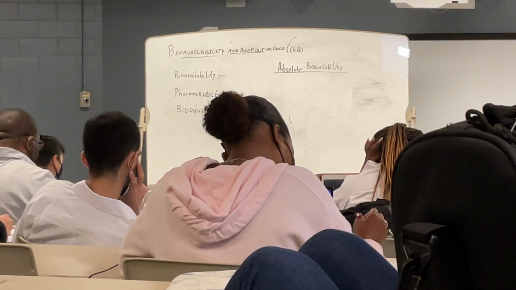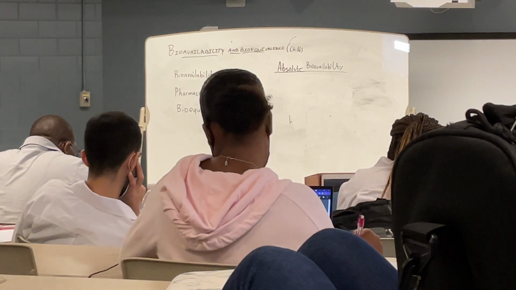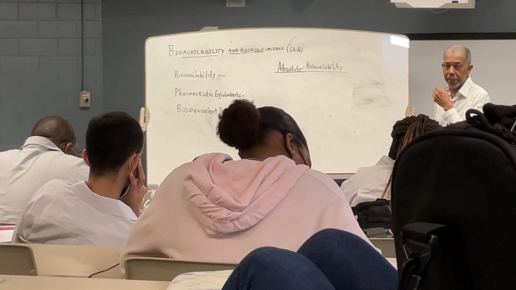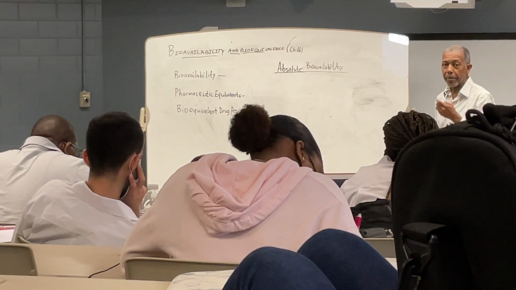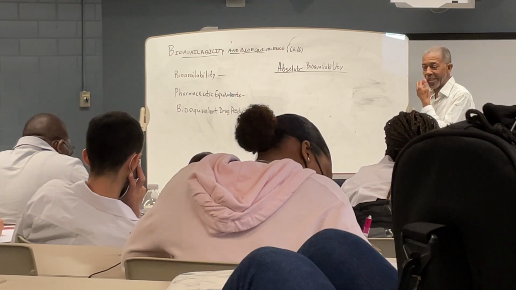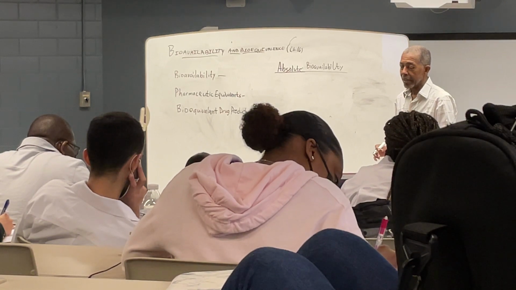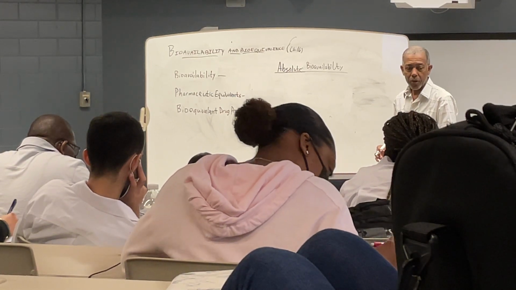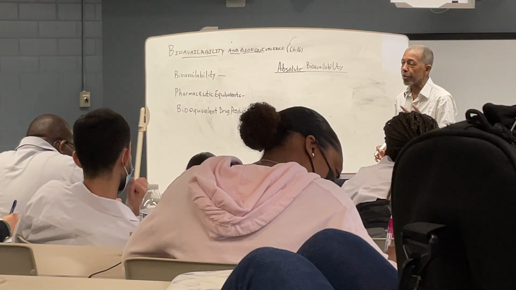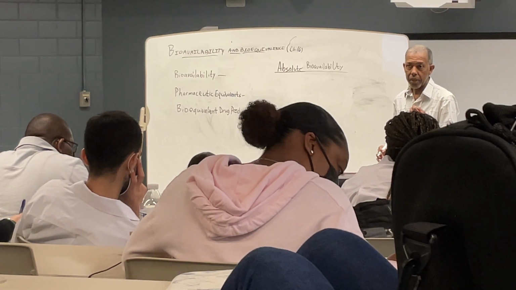So absolute bioavailability is a measurement of the availability of the drug compared to an IV dose of the drug. So absolute bioavailability is the absorption of the drug product or the availability of the drug product as compared to an IV dose of the drug.